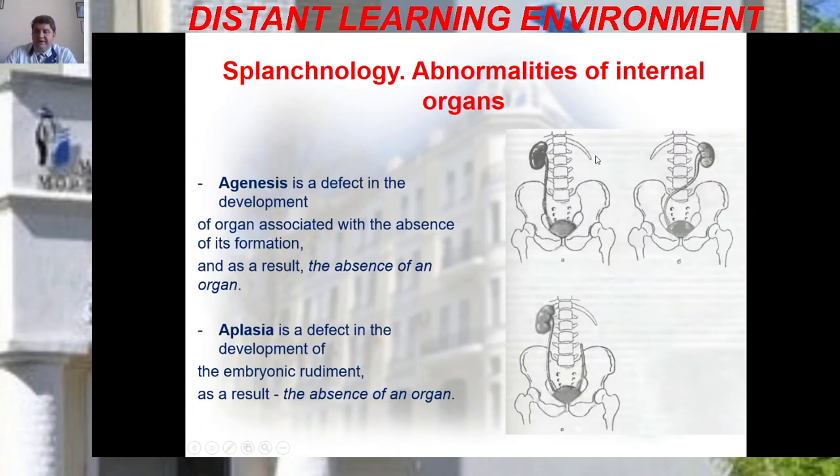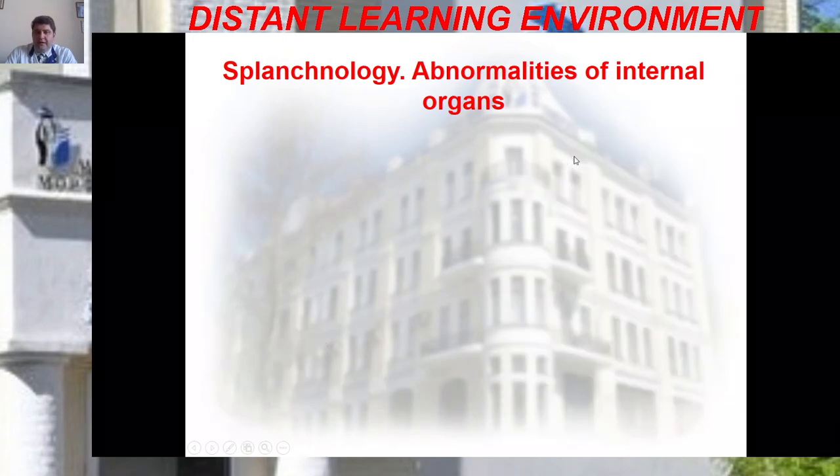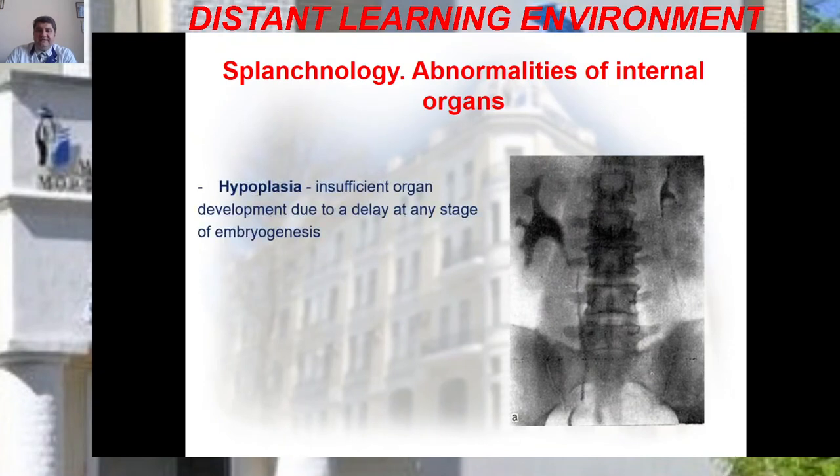For example, you may see the absence of the left kidney in this body. Next, you may see the term hypoplasia, insufficient organ development due to delay at any stage of embryogenesis. You may see, for example, this X-ray examination of the kidneys, where the right kidney is normal and the left kidney is hypoplastic.